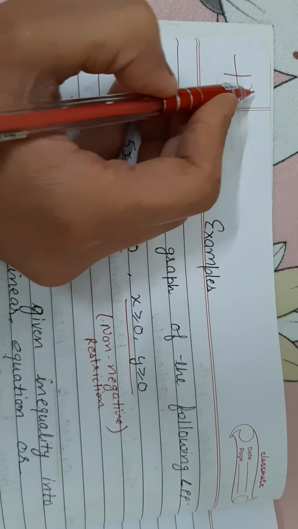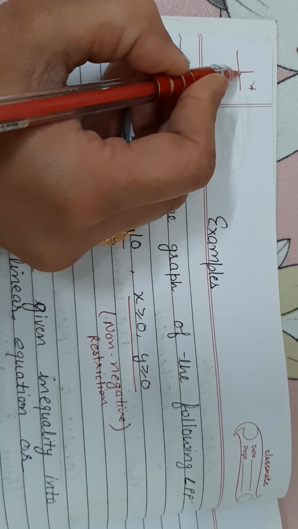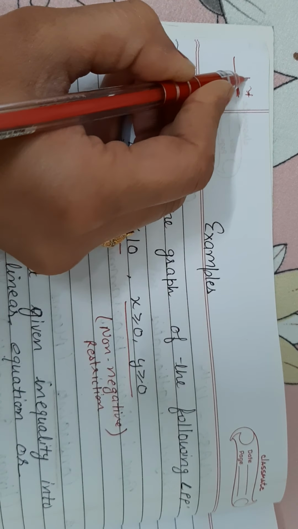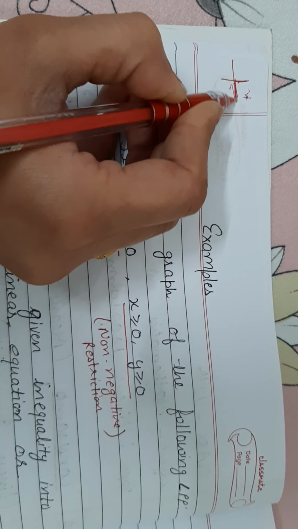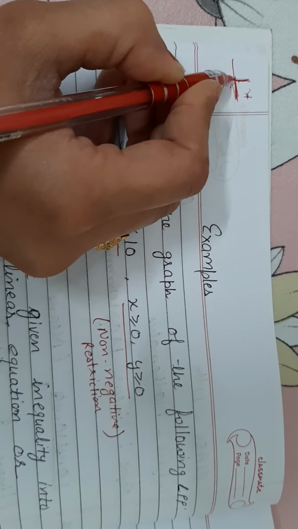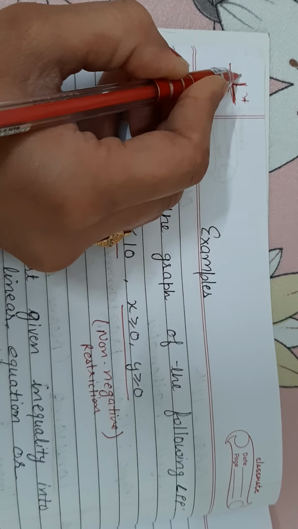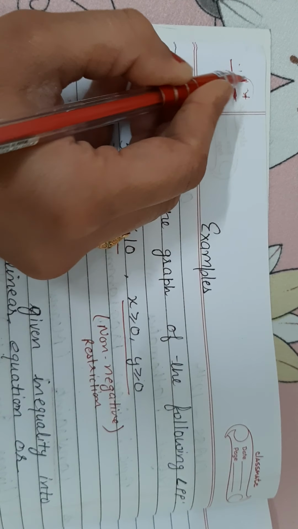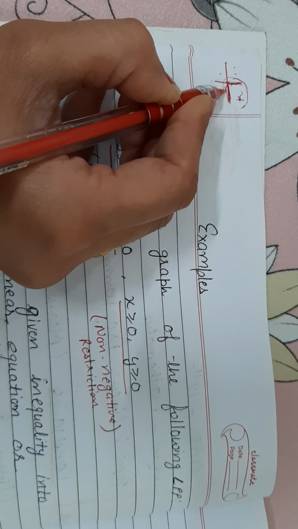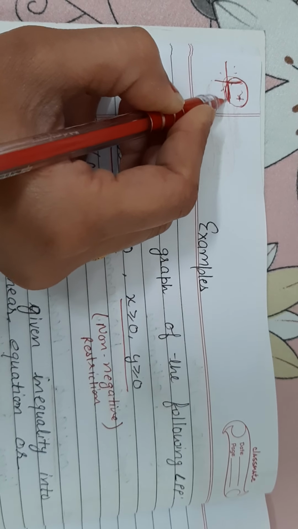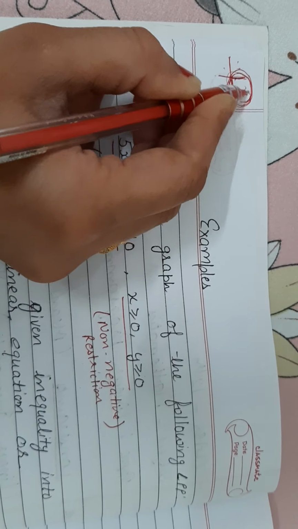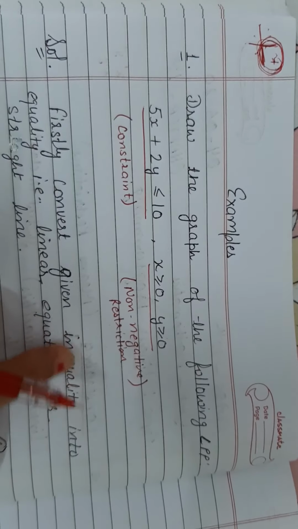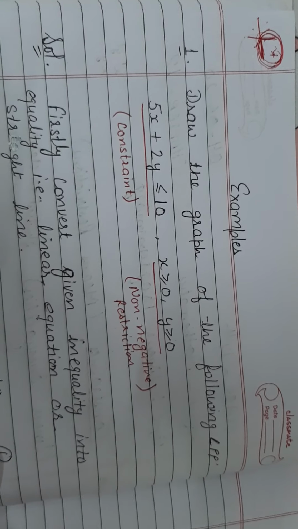This is the positive quadrant, totally positive, with the positive x-axis and positive y-axis. The other 3 quadrants have negative signs. So we will plot in this area only. That's why it is the non-negative restriction.